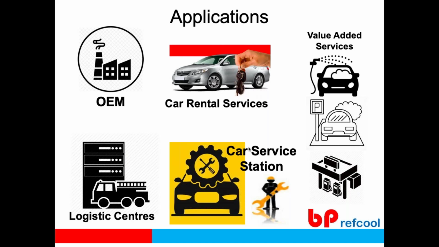And at the car service station, for sure, you don't need to open the hood and plug in the RRR system to find out if there is a leak or not. This can detect from the car very easily whether an air conditioning or refrigerant service is required. Also, this can be used for logistic centers.